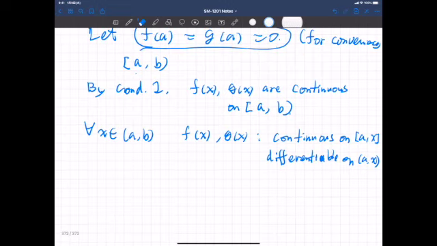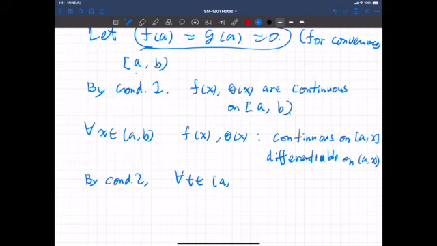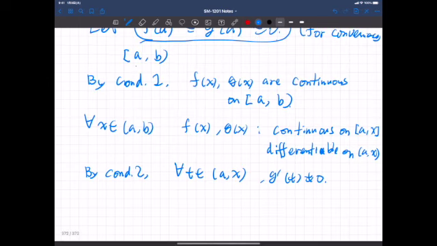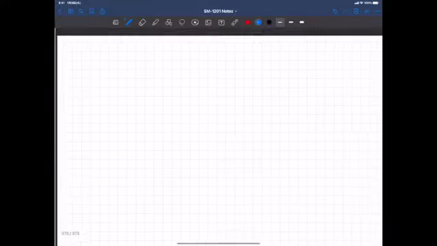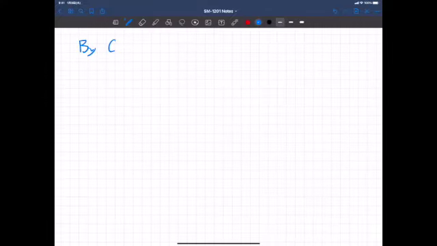Now also by condition 2, for all t between a and x, g prime of t is non-zero. Therefore we can apply Cauchy's mean value theorem.